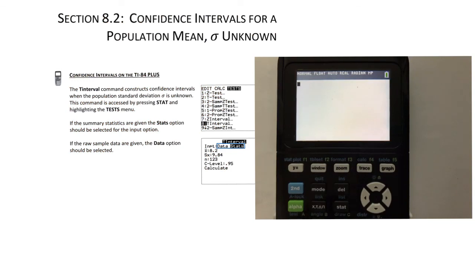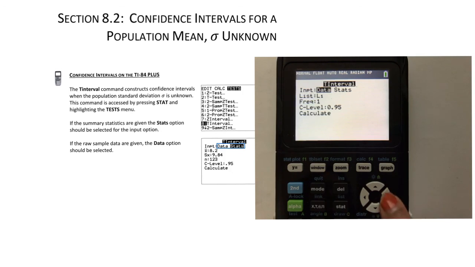Now let's find a confidence interval for a population mean when sigma is unknown using a TI-84 calculator. First press stat, then use the arrow key, select tests, and select option 8, TInterval, or you can just press 8 then press enter. Then highlight Stats using the arrow key, press enter, then input the sample mean, sample standard deviation and n.